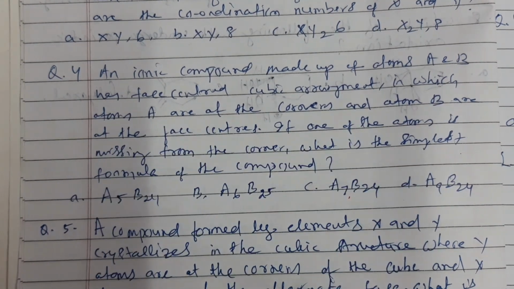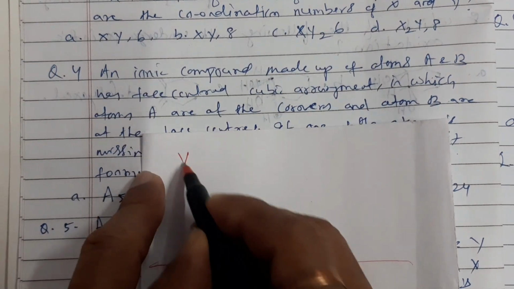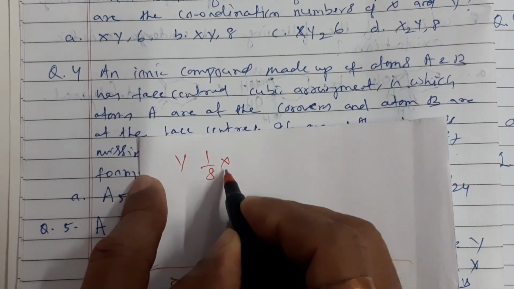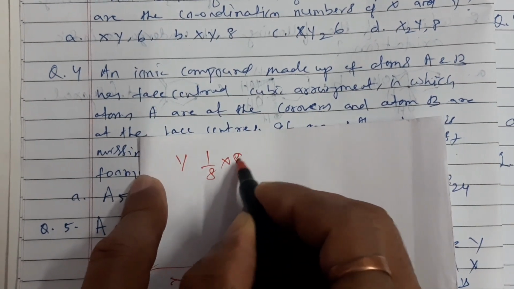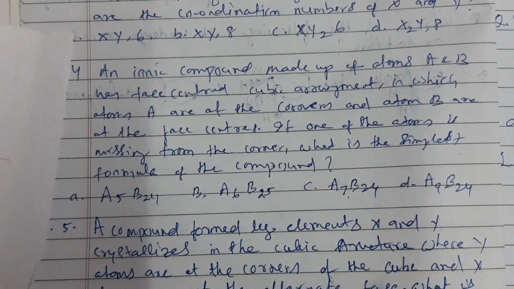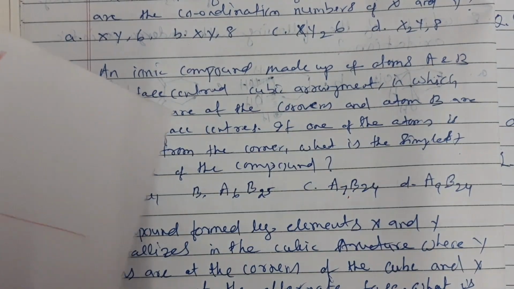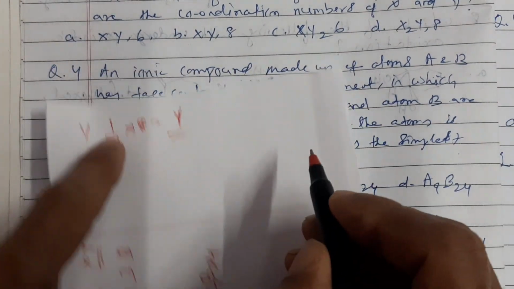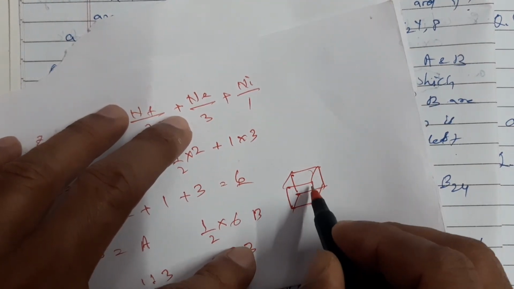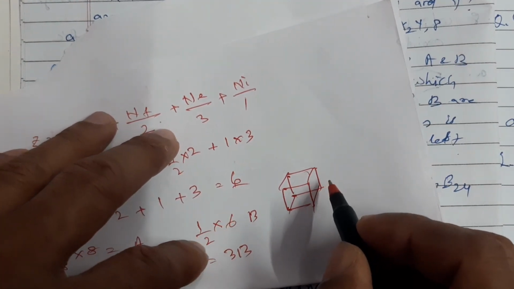Y atoms are at the corners, so 1 by 8 multiplied by 8, you will get only Y. Then X atoms are at alternate faces. For a cube, what are the alternate faces?